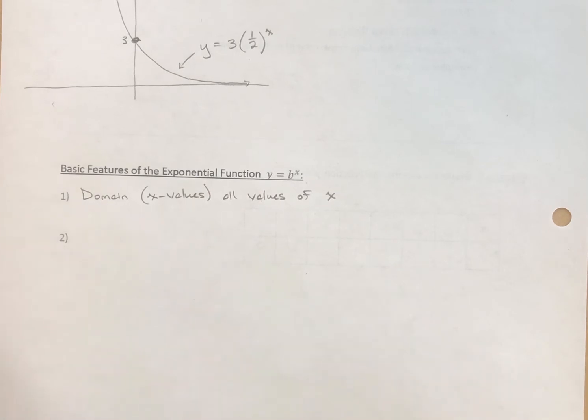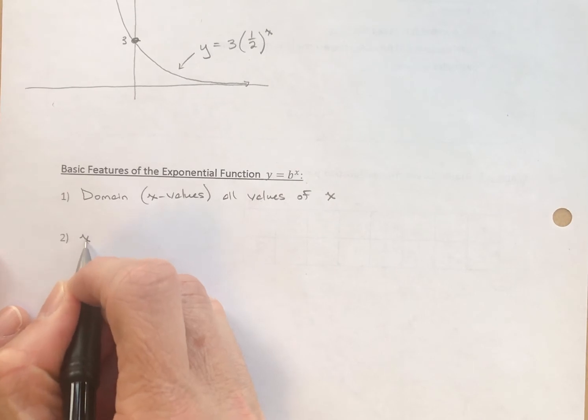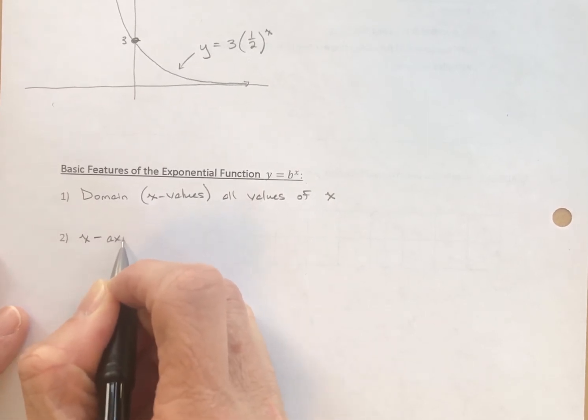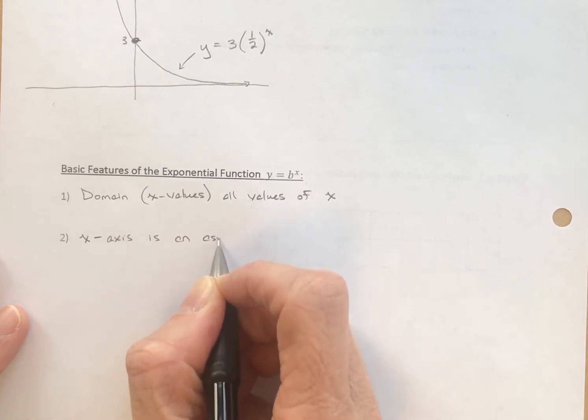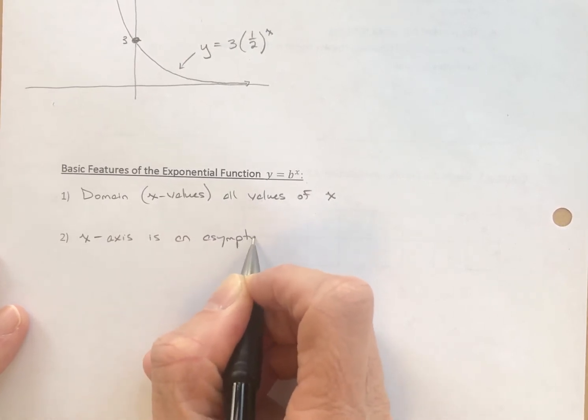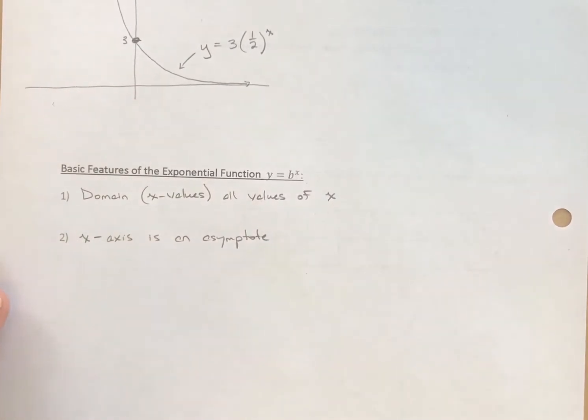We noted at the beginning that x can be any real number. Also note that the x-axis is an asymptote. Both of those curves got closer and closer to the x-axis as you went further and further either to the right or to the left.